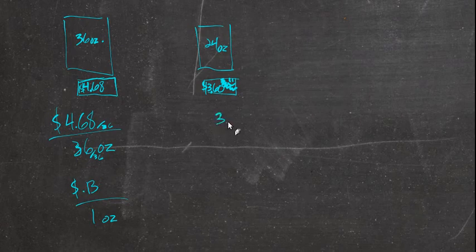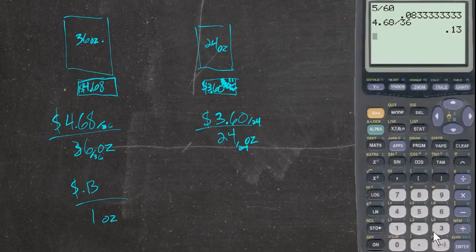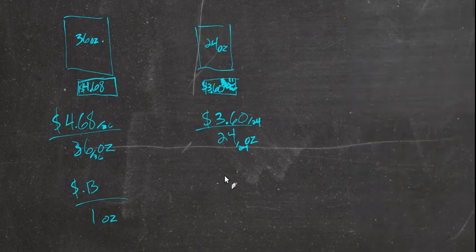We need to compare it to something equivalent over here. So 360 divided by 24. Okay, so divide both by the denominator. 360 divided by 24. And we're paying 15 cents per ounce.